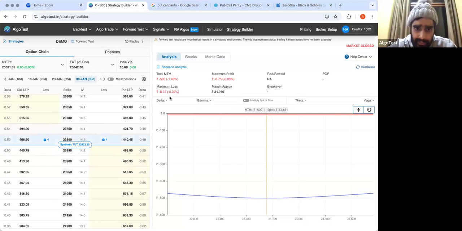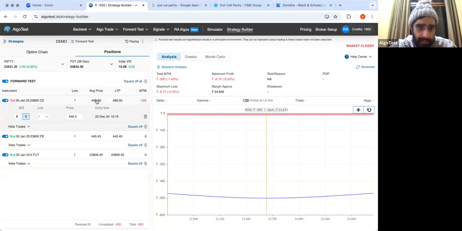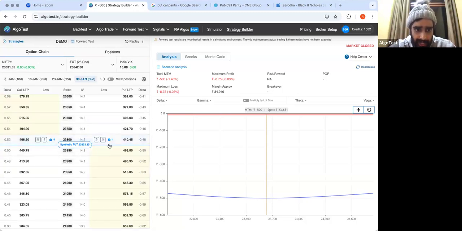So based on these prices, 446, 440, I have the exact same IV. Now let's change this to a 15 IV. Instead of selling this at a 14.2 IV, let's say I sold this at a 15 IV, but this put option, I still bought at a 14.2 IV.